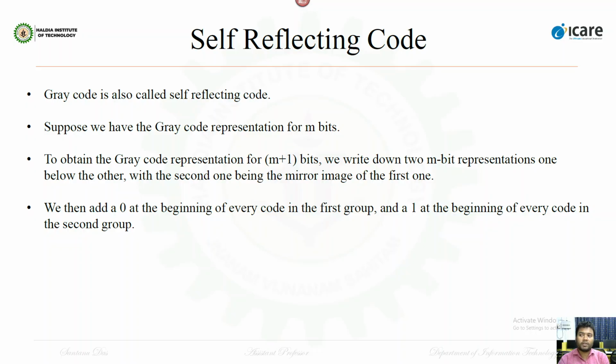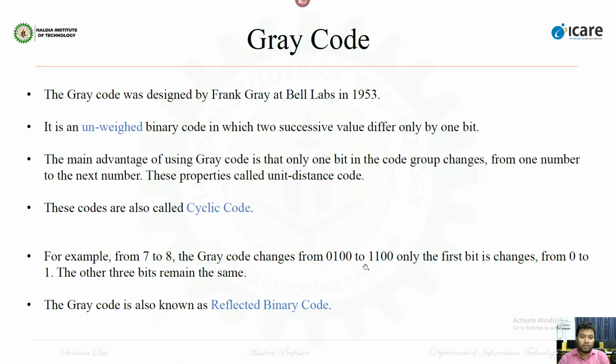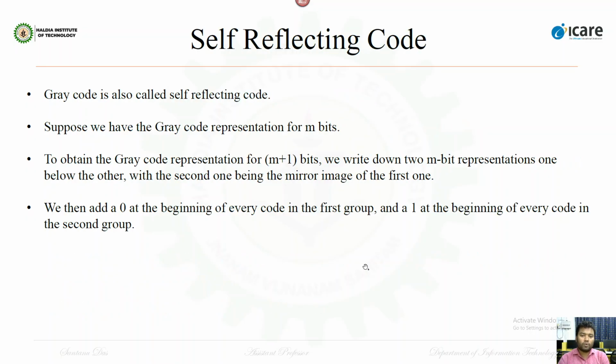Now, the self-reflecting code. We already said that gray code has the reflected property. So what is the self-reflecting code? Gray code is also called the self-reflecting code. Why? Let's take an example. Suppose we have the gray code representation for m bits.